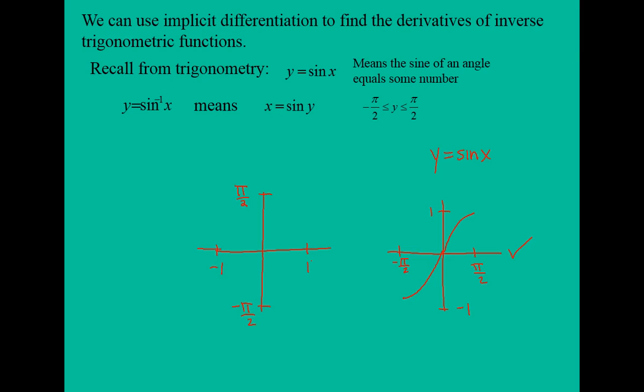And thinking about inverses graphically, to find an inverse, if you graph the function and reflect that over the line y equals x, that's how you can draw the inverse function. So if I drew that by reflecting, there would be the graph of y equals the sine inverse of x.